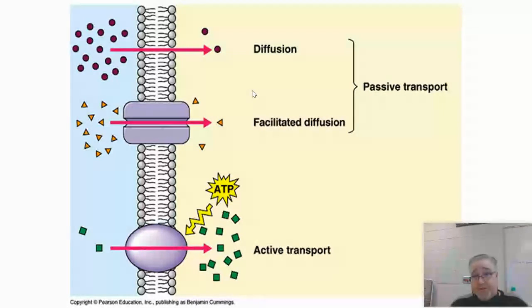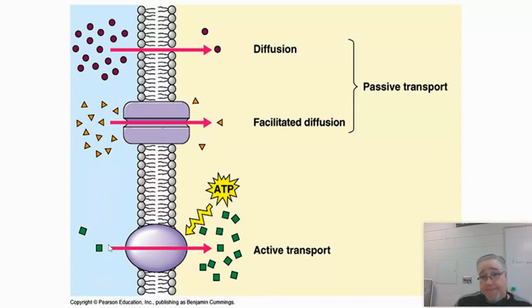Now, regardless of whether it's going through a channel or not, because it's moving from high to low, it's called passive transport. Passive just means it's moving with the current, right? You're on the raft, you're on your kayak, you're just moving with the direction of the current in the river. That's what's happening here, okay?